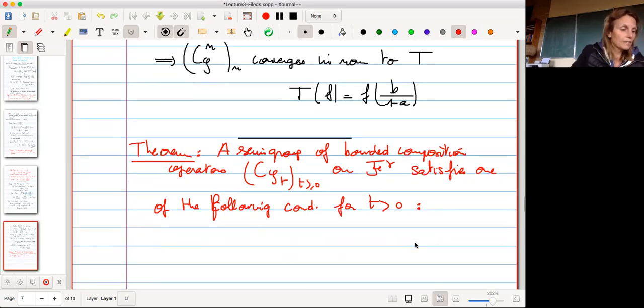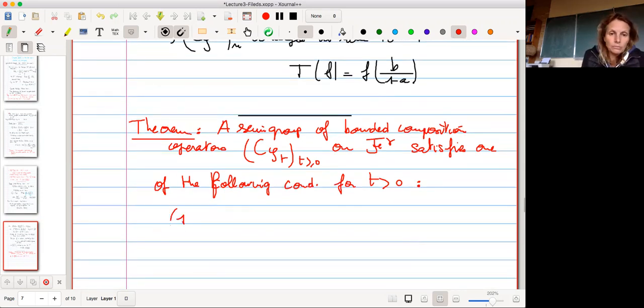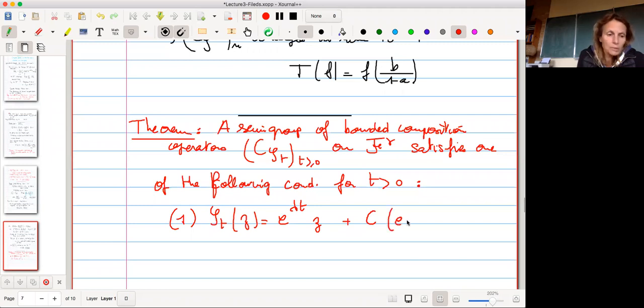So first case, phi t must be of the form exponential of lambda t z plus a certain constant c times exponential of lambda t minus 1, with the condition that lambda is in C minus, defined to be the complex numbers for which the real part is negative.